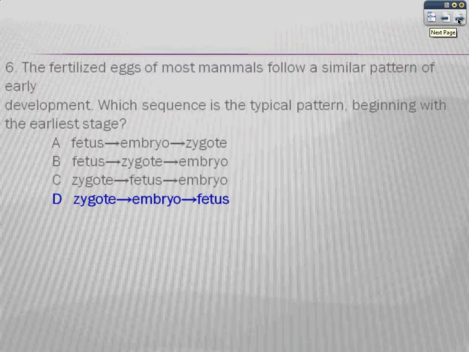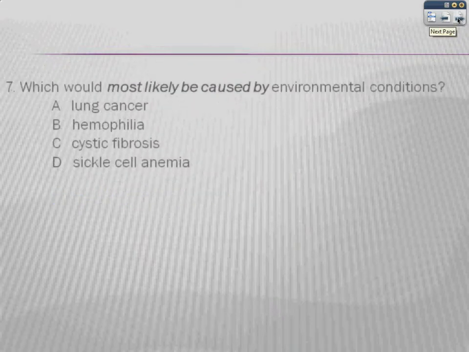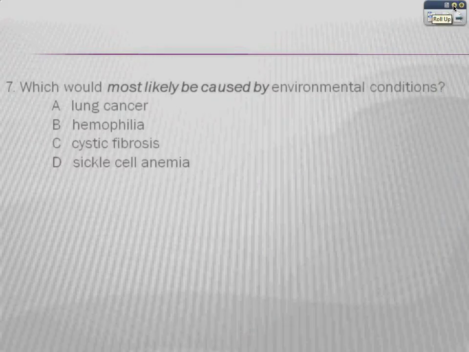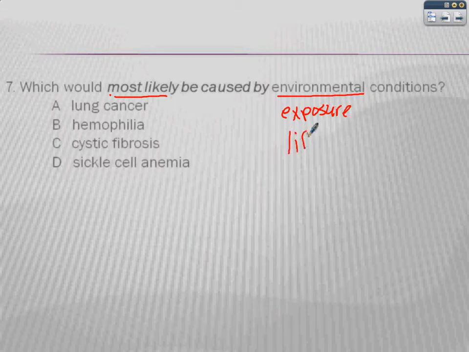All right, number 7. 7 says, which would most likely be caused by environmental conditions? Okay, environment, which is exposure or life choices.